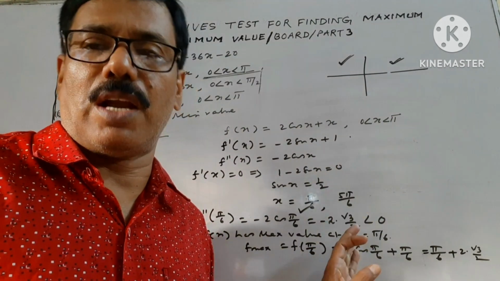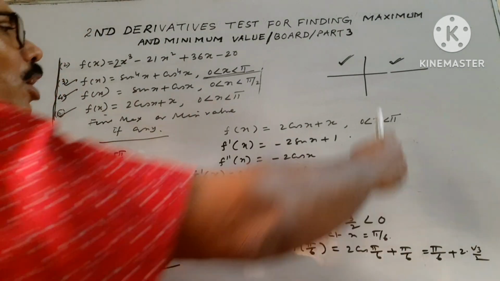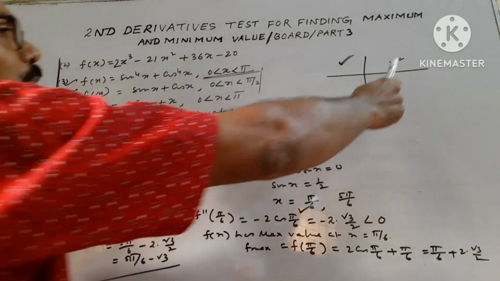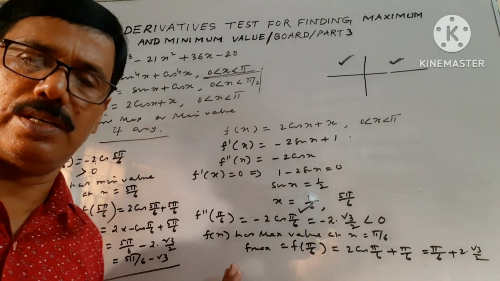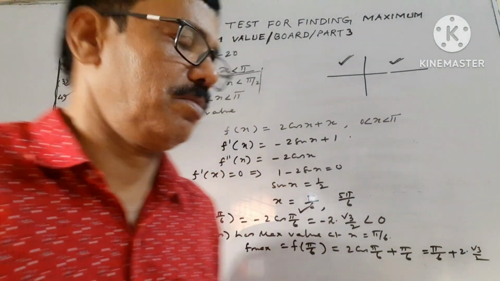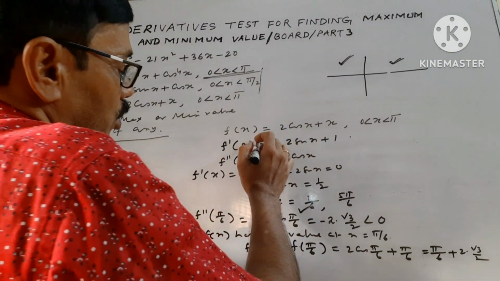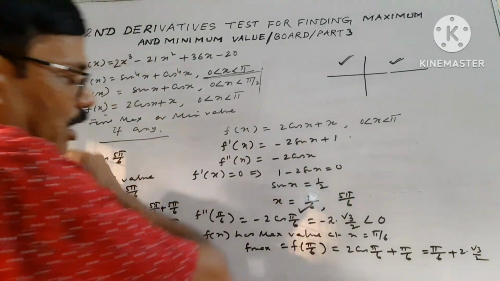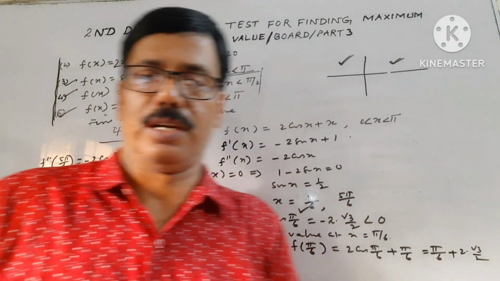You may get the value of x from the general solution or from your idea of the quadrant if a restriction is given. Then check the second derivative at the specified point. If it is greater than 0, minimum; less than 0, maximum. And the maximum and minimum value will be obtained by putting the value of x into the original function, not in the derivative.